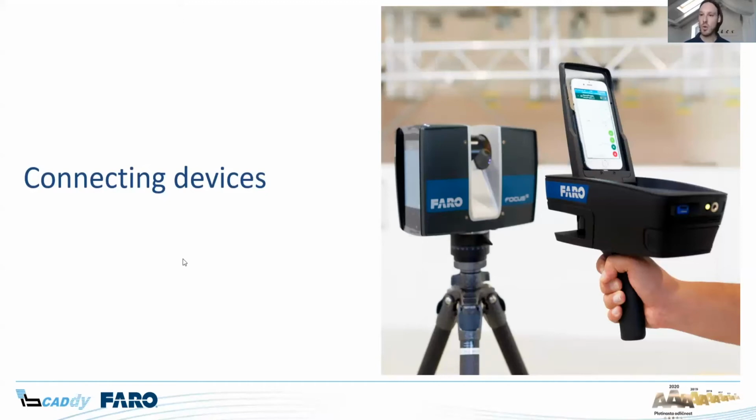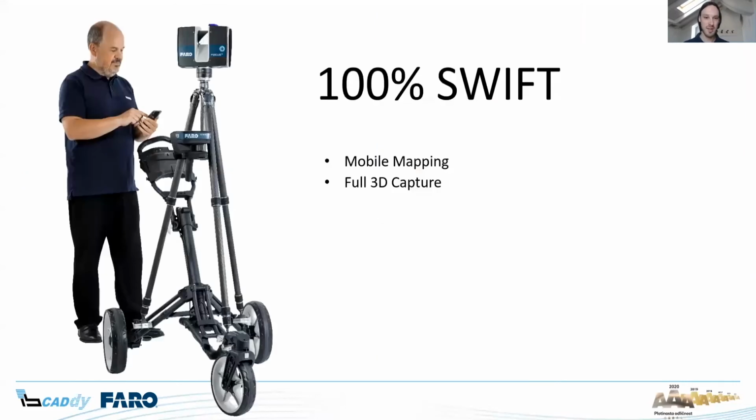And so to connect those devices together, we said, okay, we need to have at least some distance to each other, some stable device. And we said, okay, what's something very simple? And look no further, 100% Swift, this is it. So we take a trolley, and you can switch out the trolley.